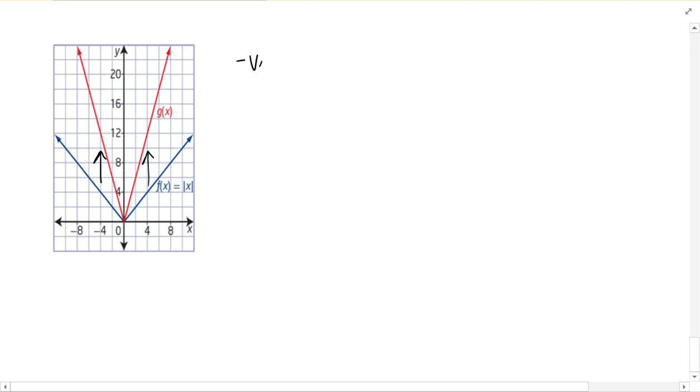Let me write that down. I'm saying that there's a vertical expansion. Now, how is it vertically expanded? We need to figure that out, so we'll need to compare some points. With vertical expansions, you cannot compare points that are on the x-axis because you're just comparing y equals 0 with y equals 0.